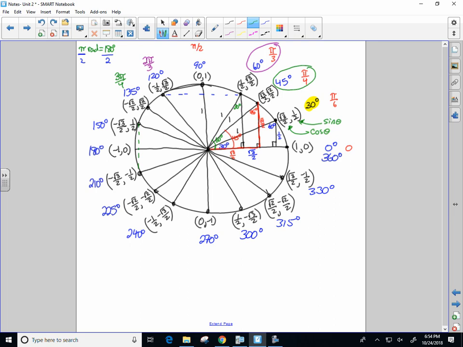I can look at the 30 degree angle and say, well, how do I get from 30 to 150? Multiplied by 5. All right, 180 is pi, otherwise we can't do any of the stuff that we've been doing. And then you just keep working around that way. 210 is 7 times 30, so 7 pi over 6.